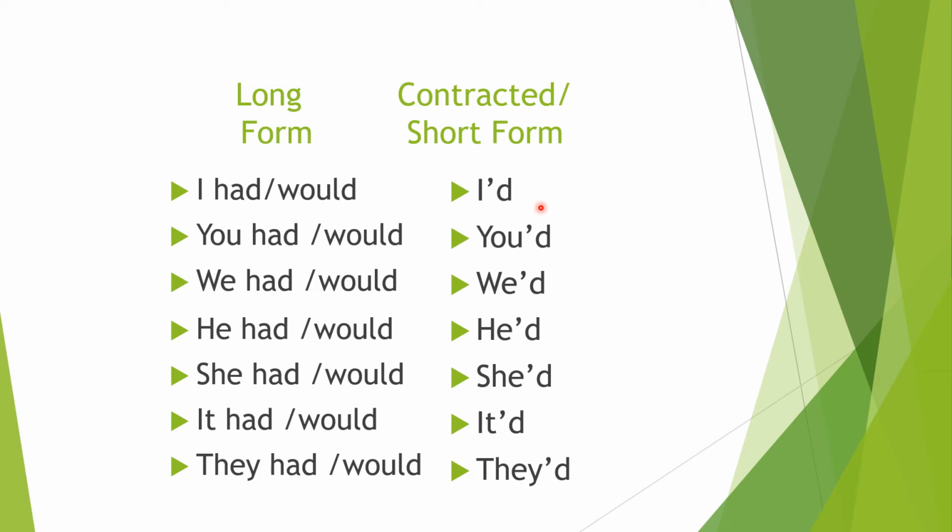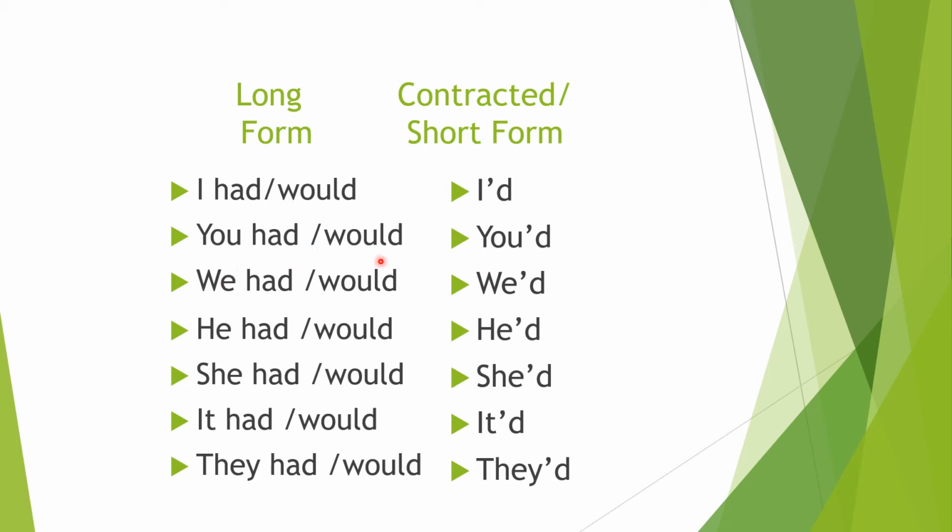If you want to put it as a long form, this is I had or I would, and in the short form, in spoken English, it's I'd. I would find it. I had found it. These are the long forms. I'd find it. I'd found it. These are the short forms.